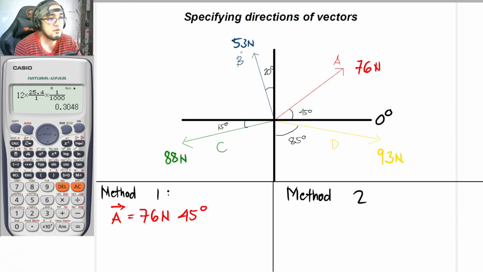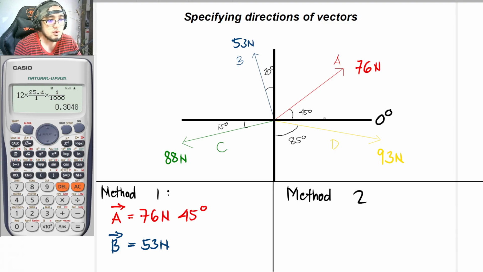What about for vector B? For vector B, we would be writing an arrow sign on top, then this is equal to, what is the magnitude? That is equal to 53 newtons. And what is the angle? It is indicated here that this is 20 degrees. However, using method 1, we would be measuring from the 0-degree reference line, which is the east line.